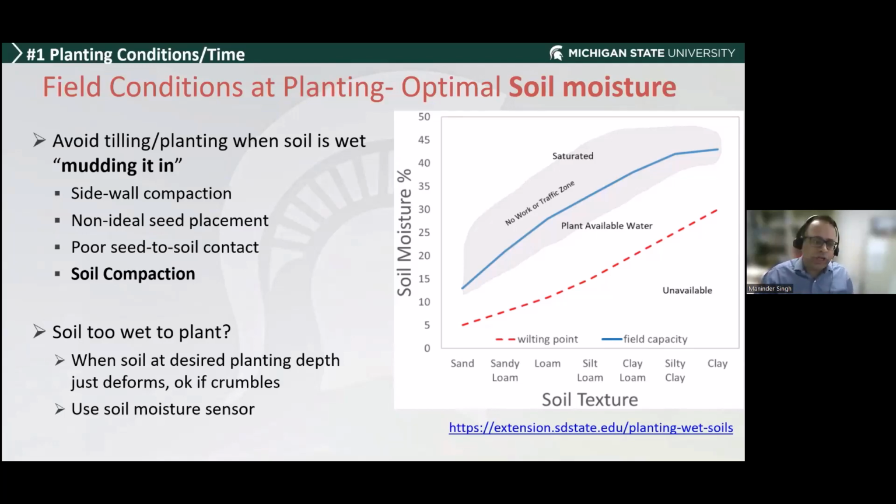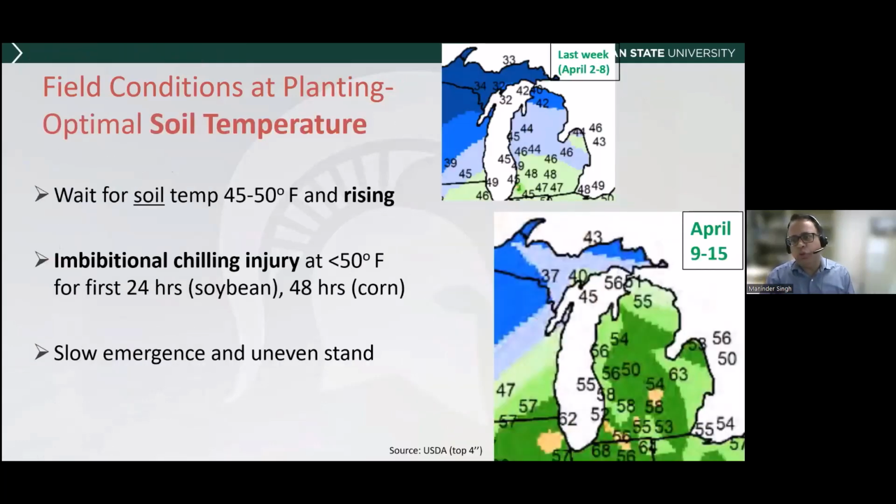A good rule of thumb is to dig a hole and look at the soil at the planting depth, not at the surface, because that behaves differently. Go in 1.5 to 2 inches deep and grab some soil from a few spots. If it deforms, then we are okay. But if it just turns into a ball, that's not ideal. So keeping an eye on optimal soil moisture is really critical.